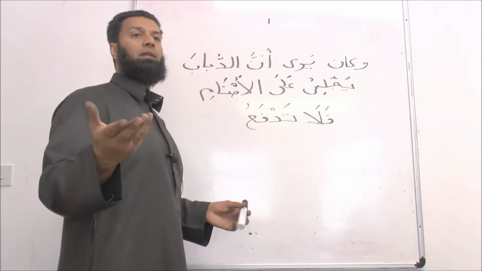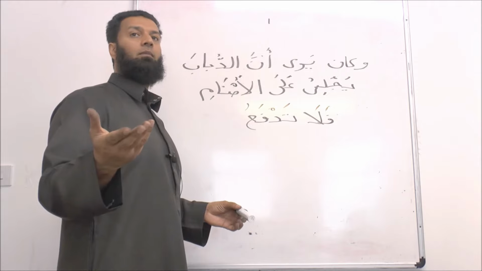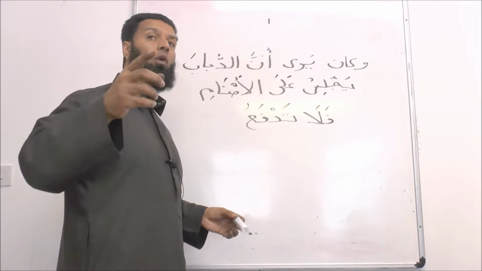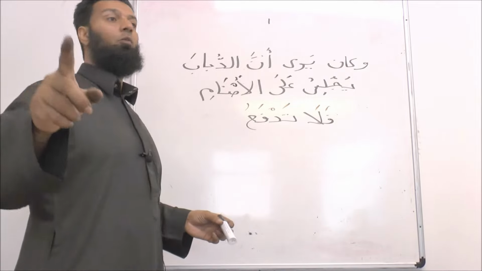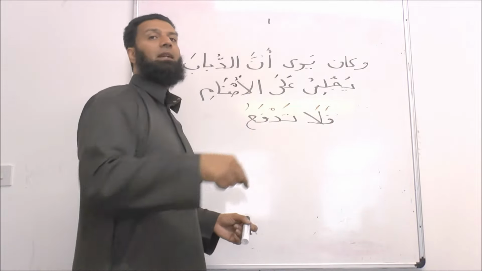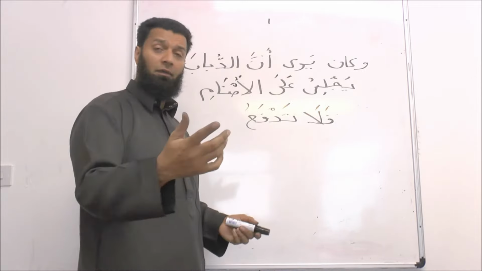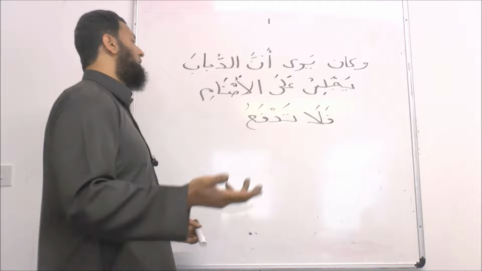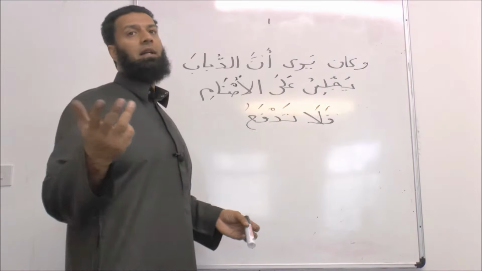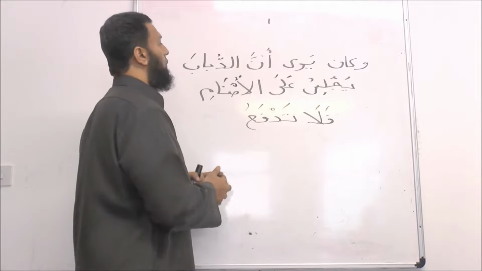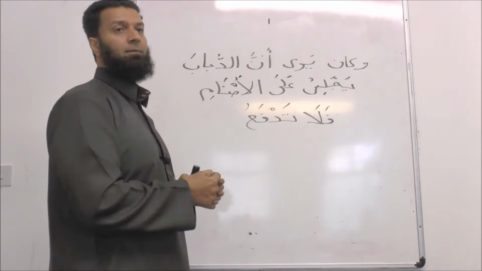When another sentence starts, another jumlatul fi'liya or ismiya. When the next one begins, there is a marker, an indicator that this is now the beginning of a jumlatul ismiya or a jumlatul fi'liya. That's a basic way of determining when a sentence begins or ends.